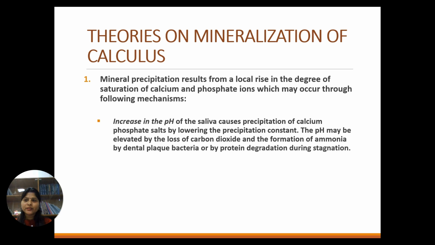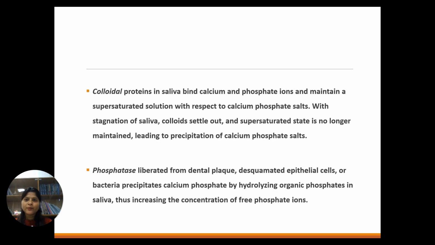Now there are theories of mineralization of dental calculus. Mineralization of calculus occurs when there is an increase in the degree of saturation of calcium and phosphate ions. When does that occur? When there is an increase in the pH of saliva, because of the formation of ammonia and loss of carbon dioxide from the dental plaque bacteria, which results in increased pH, causing more precipitation of calcium and phosphate salts.